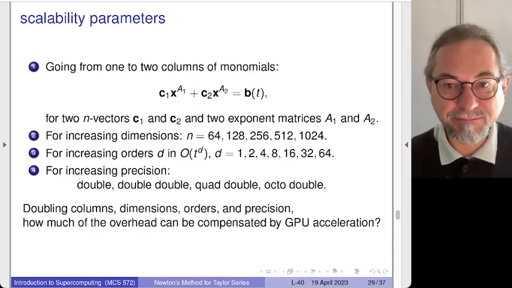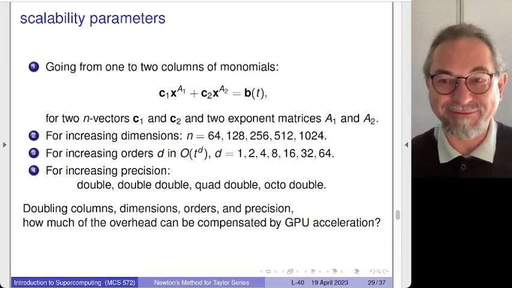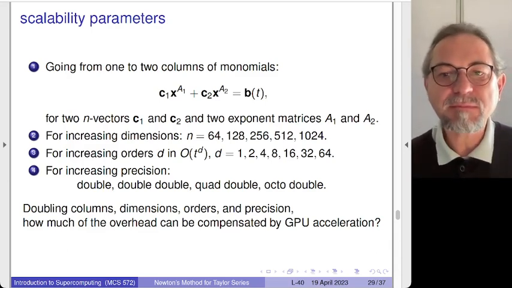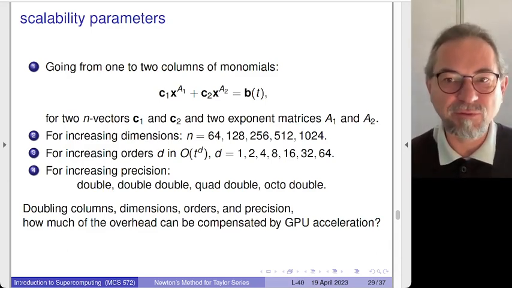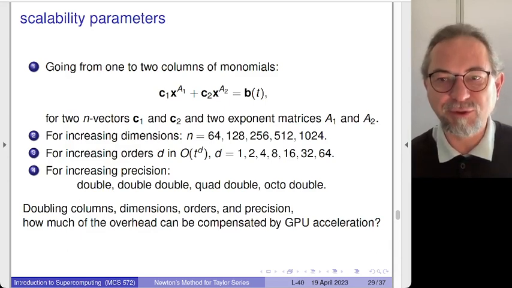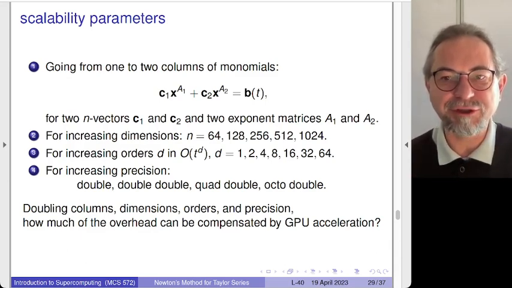The dimensions, well, you should actually go to 1024. So this is when a GPU is really critical here. For smaller dimensions, you cannot fully occupy your GPU, unless you then do it in batch. With nonlinear problems, you have many more solutions, but then you have the batch processing, the filling up of the GPU, and we covered streams last time.